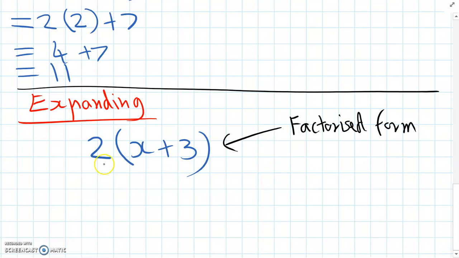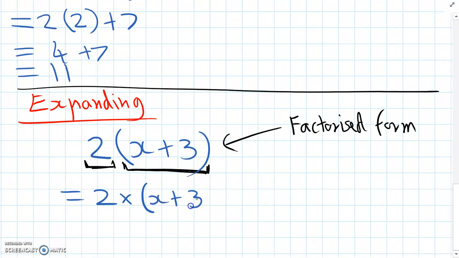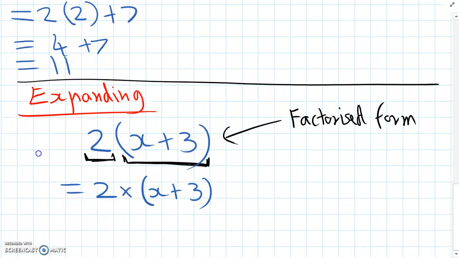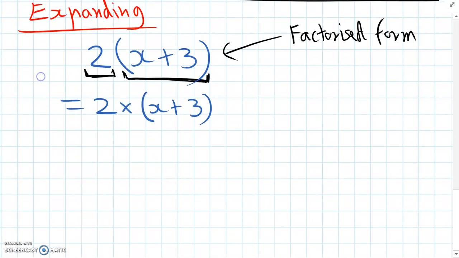Factorized because we've got one factor or one term multiplying by another term. Even though we don't write it, remember a number in front of a brackets means multiply. So this is the same as 2 times x plus 3. And if we have one thing multiplying by another, they're 2 factors. So that's a factorized form.